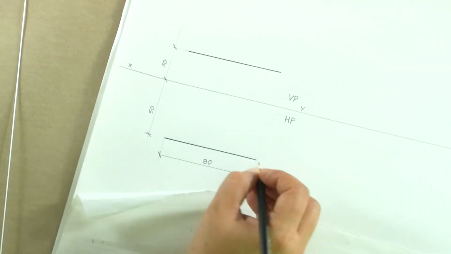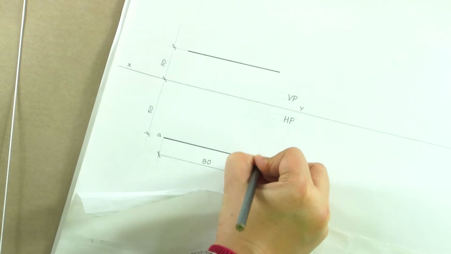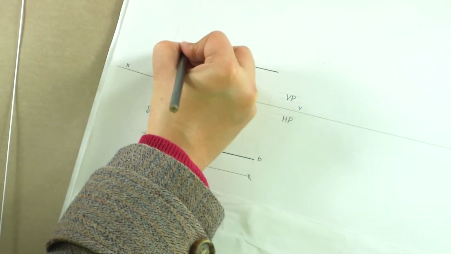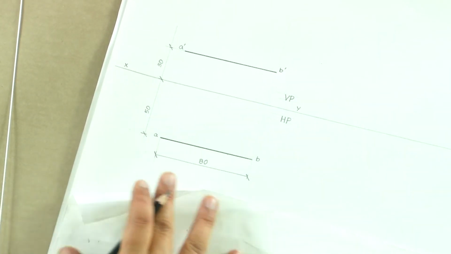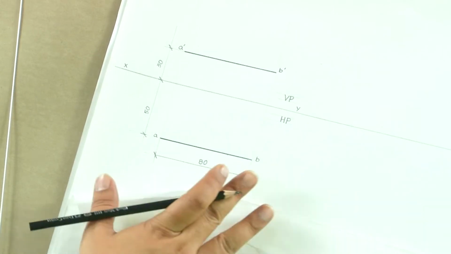So, if the line is say AB, we write AB here, and in elevation it will be mentioned as A dash B dash. This is our projection of the line which is represented given by the conditions defined here. This is a line which is parallel to both the planes and is not contained by any of the planes.